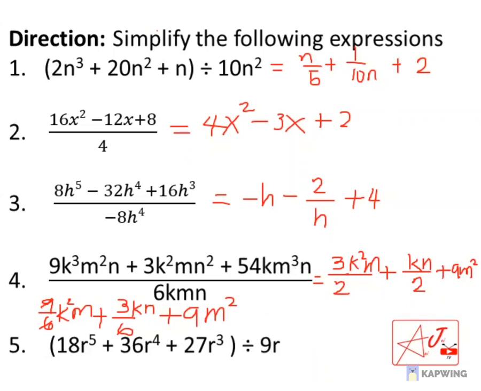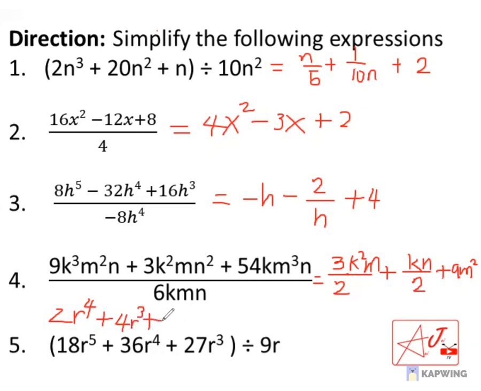Next, for number 5, 18 r to the 5th plus 36 r to the 4th plus 27 r cubed divided by 9. 18 divided by 9 ay 2. Ano yung exponent? 5 minus 1 ay 4. So, 2 r to the 4th. Positive, positive, positive pa rin. 36 divided by 9 is 4. 4 minus 1 is 3.